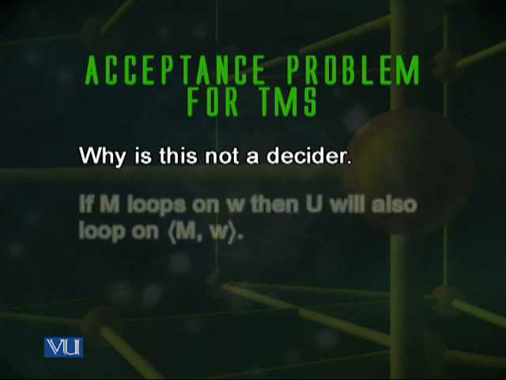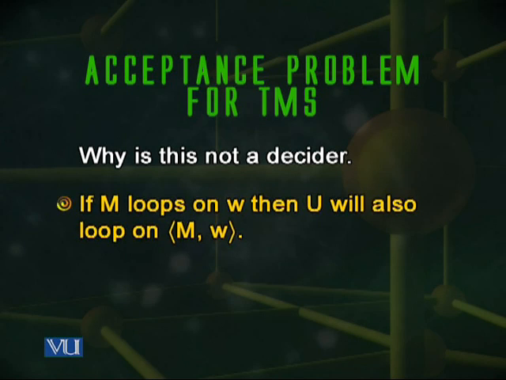Well, it's very simple. Suppose that M is a Turing machine that loops forever on given input W. Then if I give M, W to the universal Turing machine, it will also loop forever. Therefore, U is not a decider, but it is a recognizer for this language ATM, and hence this language is Turing recognizable.